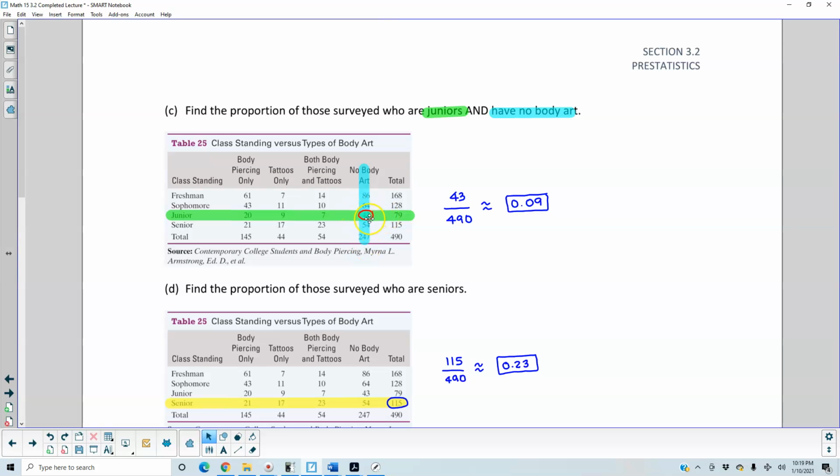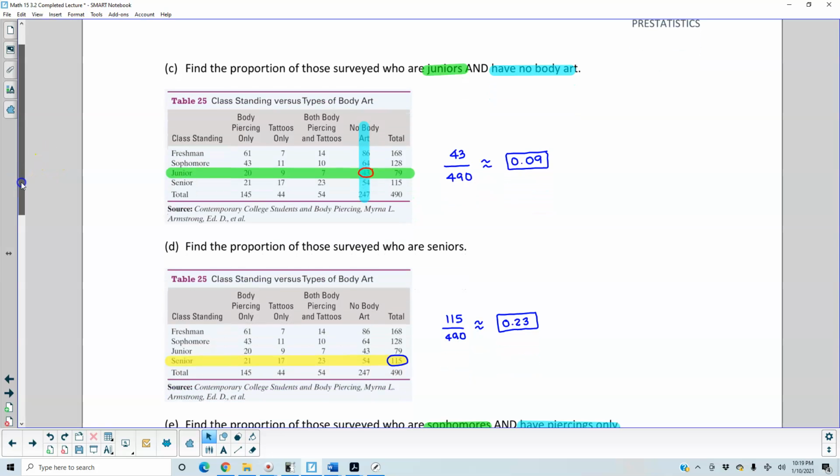Well, they intersect at the number 43. So that means 43 students who are juniors and have no body art. So 43 divided by 490 gives us 0.09. So 0.09 is the proportion of those surveyed who are juniors and have no body art.